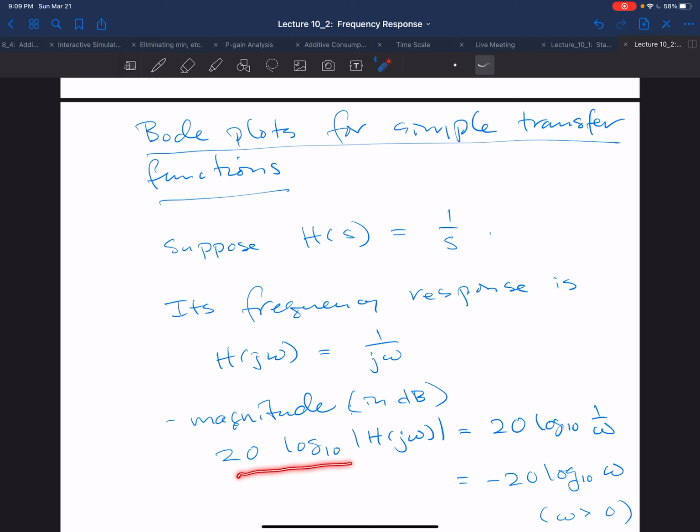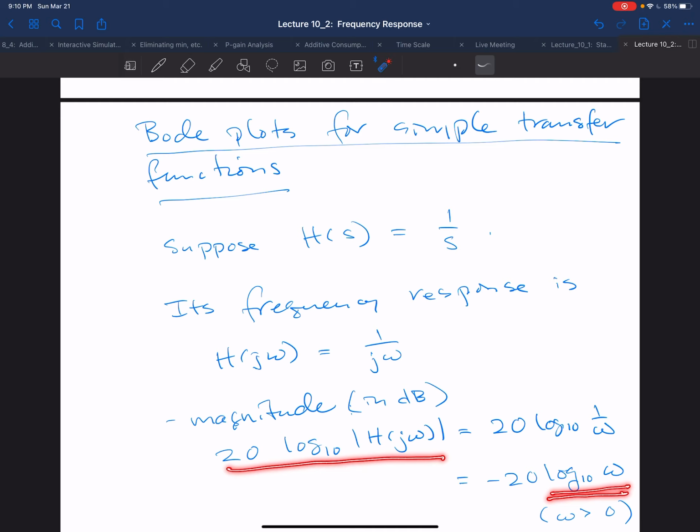Now, I've explained why we plot in decibels, so that we get this kind of additivity property. But from this example, we see that expressing the modulus of H(j omega) in decibels gives us a function of the log of omega. So in fact, we're going to plot the magnitude in decibels, this 20 log the modulus of H(j omega), as a function of the log of omega.